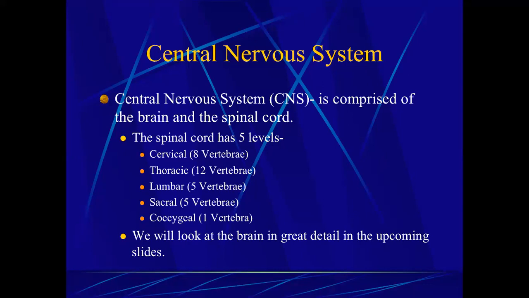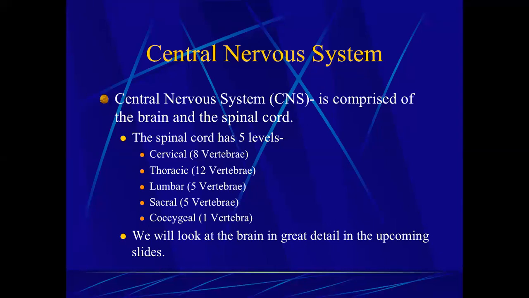Your cervical spinal cord is at the top of your spinal cord and connects directly to your medulla. And then we work from cervical to thoracic, working our way down the spinal cord. Lumbar is in your lower back, sacral even further down, and coccygeal is where your tailbone is.